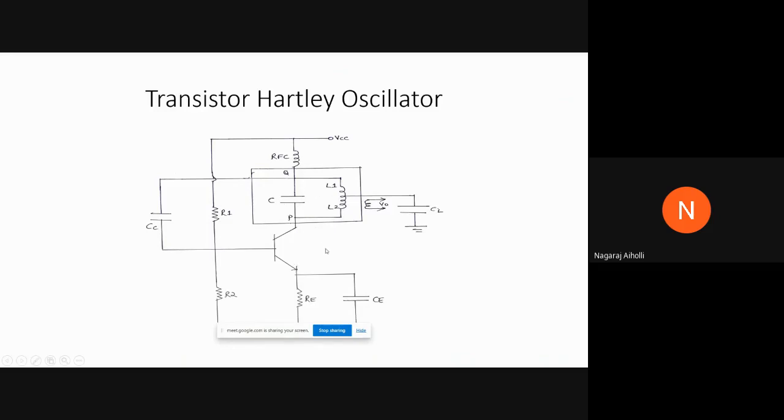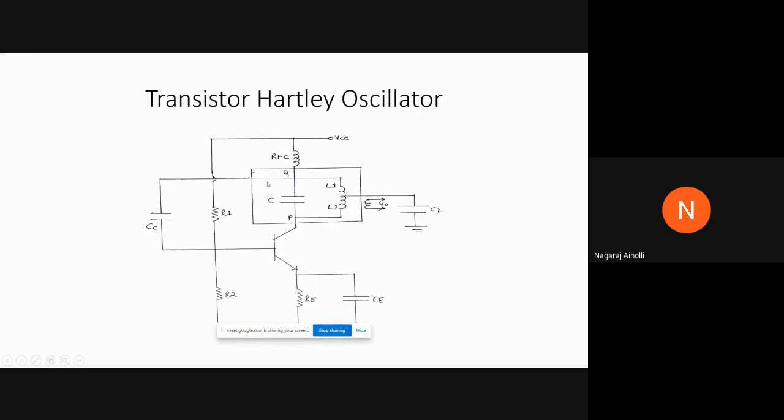Again, here the amplifier provides a phase shift of 180 degrees, and the feedback network consists of the tank circuit. Tank circuit is the combination of the capacitor and the tapped inductances L1 and L2. The amplifier produces a phase shift of 180 degrees. It's a common emitter amplifier.